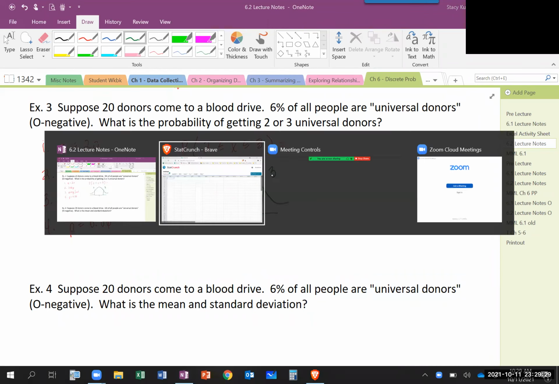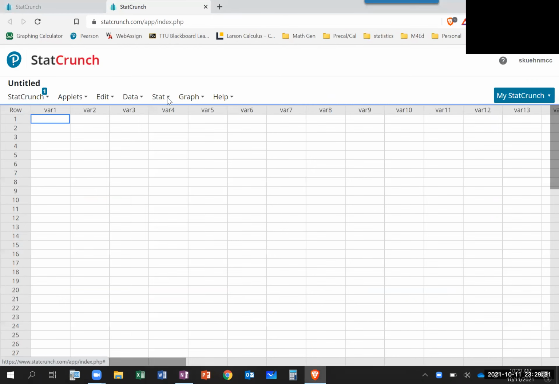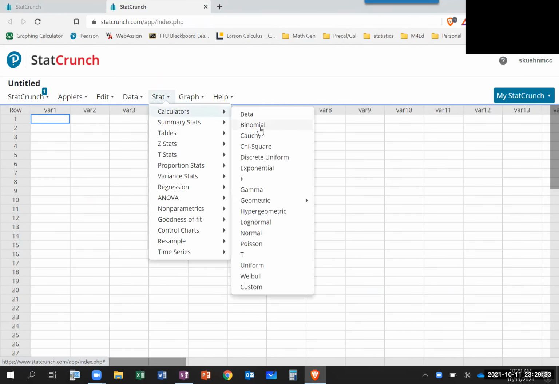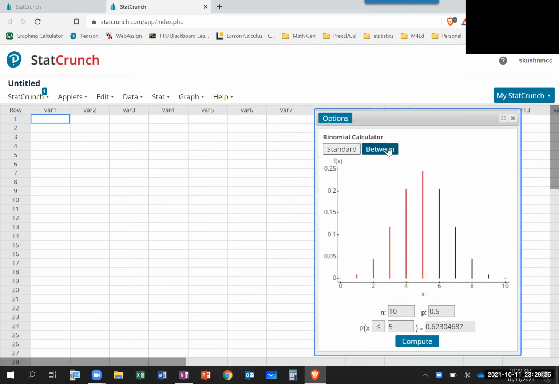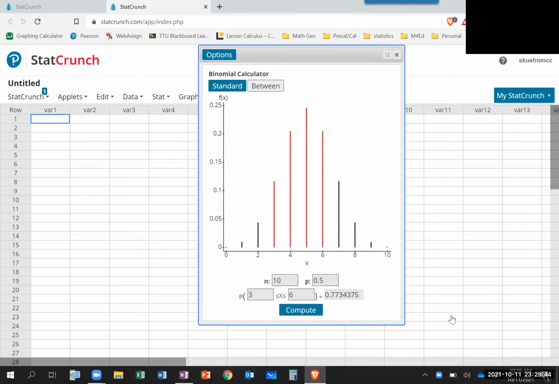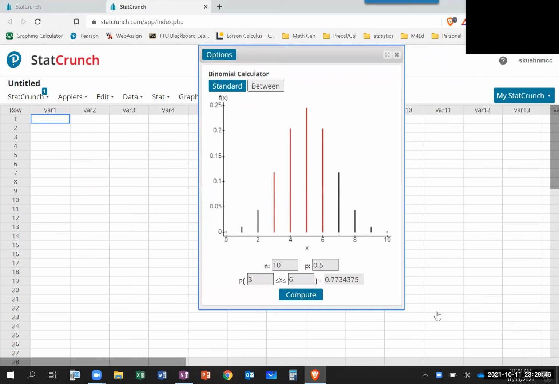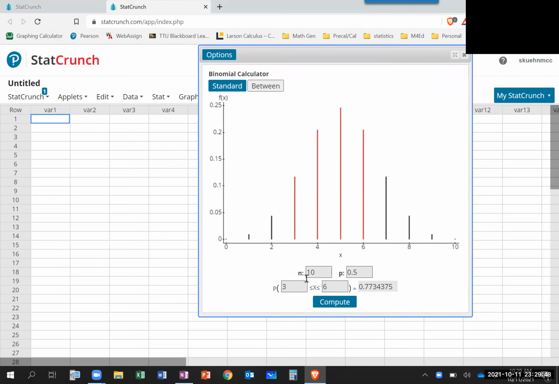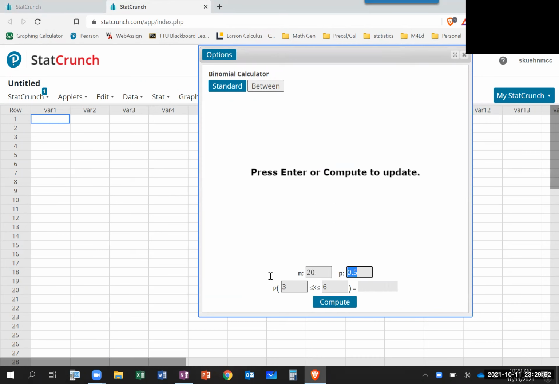Now, to go to the binomial calculator again. Remember, I think I showed you this. I may not have. I'm thinking I did. There is a between button here on our calculator, just like there was on our custom calculator. I click the between, and now I change my sample size to 20 people, 0.06 for the probability of success.